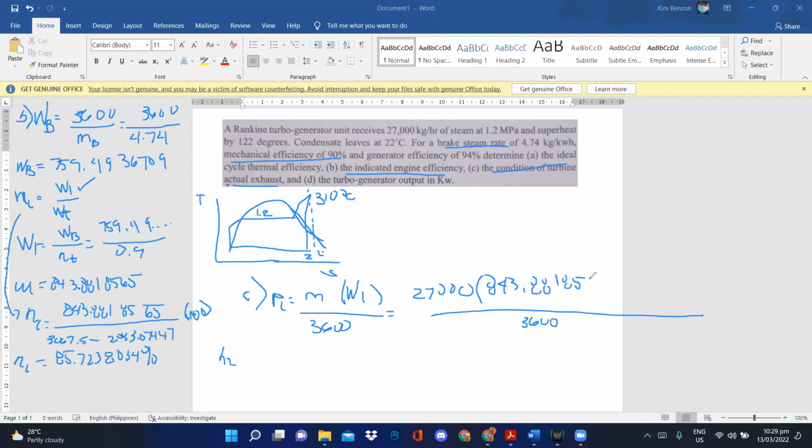843.8818565. Okay, divided by 3,600. So you have your PI which is equal to your indicated pressure which is 6329, and the indicated power 113,924 watts.